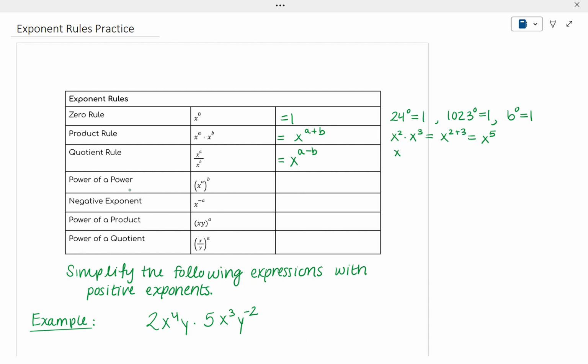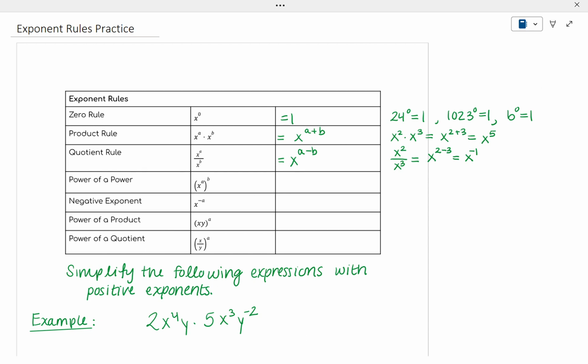Another example, so we have x to the 2, so x squared over x cubed. This is x to the 2 minus 3, and this is equal to x to the negative 1, which we will see how to make this positive when we review the negative exponent rule.